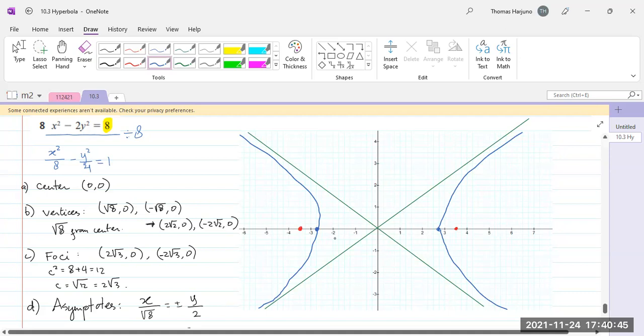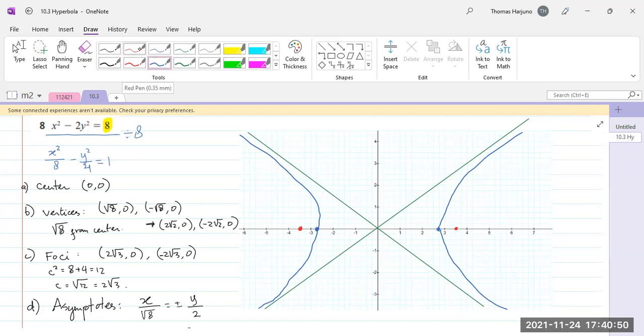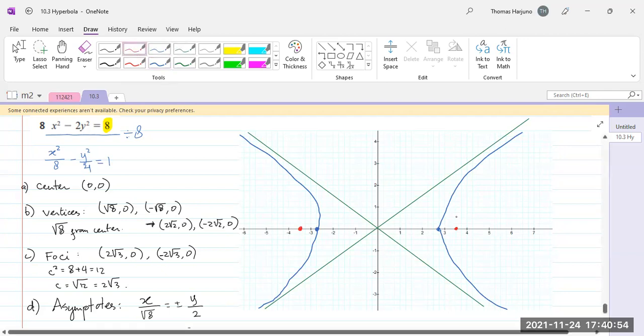But the one that you need to put, oh yeah, if you are not using graphing paper in your tests, I do expect you to write down the coordinates. So this one here will be 2 radical 3 comma 0. This is negative 2 radical 3 comma 0. For the vertices, this is negative 2 radical 2 comma 0.